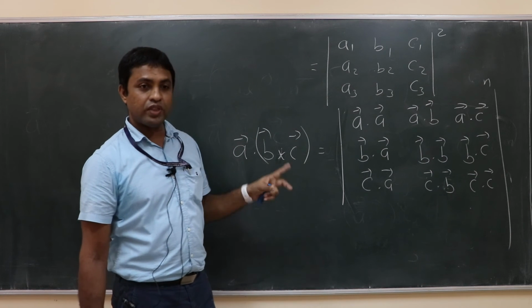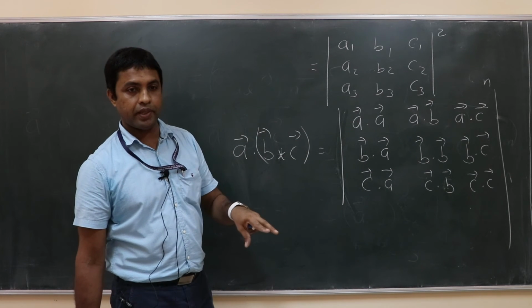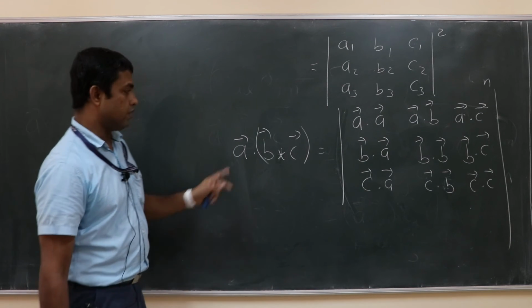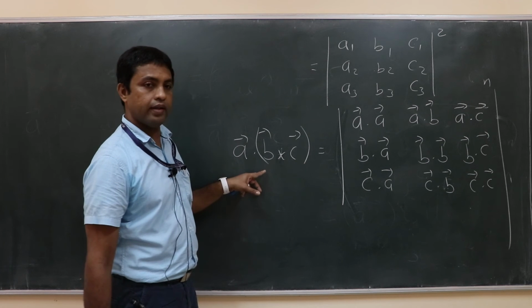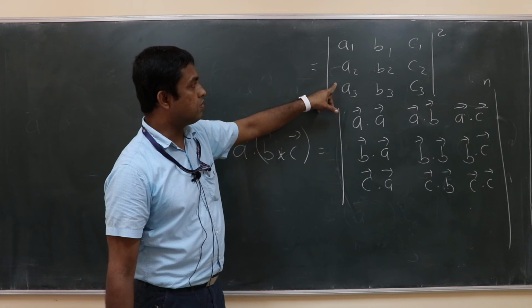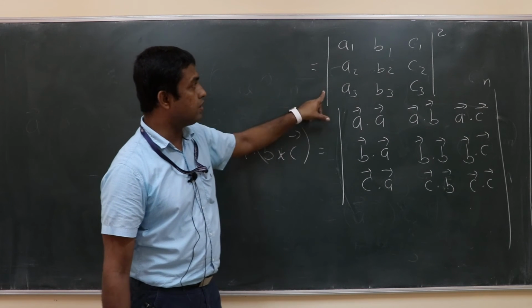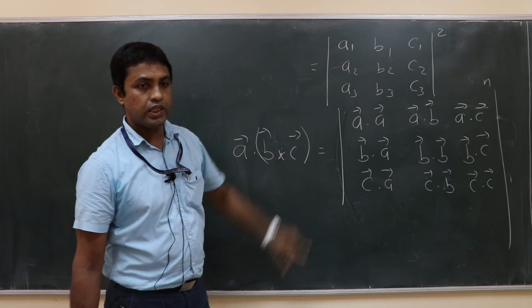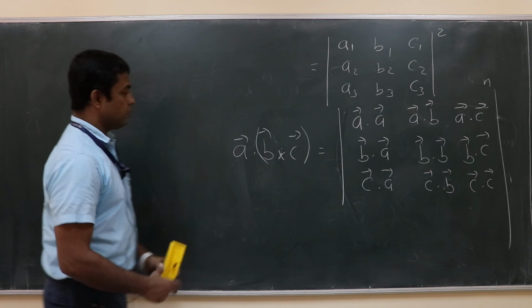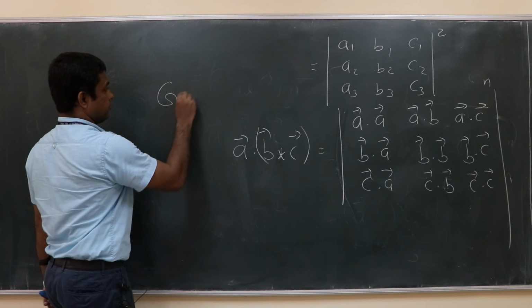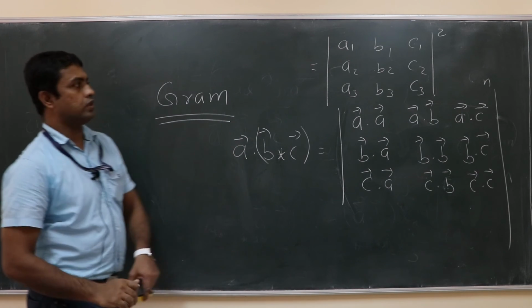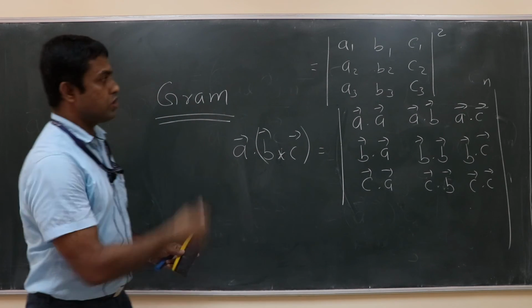So if three vectors are linearly independent, and I will talk about linear independence soon, coplanar basically means they are linearly dependent. Then this determinant is greater than 0. This is called the Gram determinant, because it's very crucial to find.